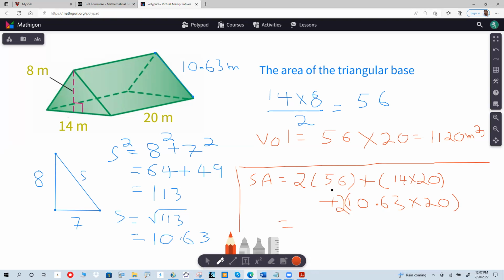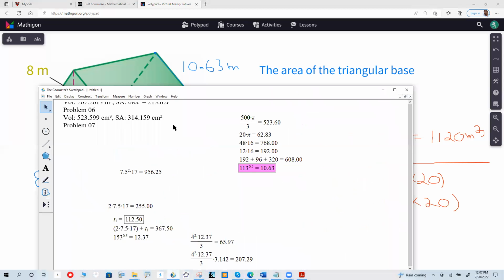And I'll have to carefully add 56 times 2, 112. 14 times 20 is 280. And 10.63 times 20 times 2, I'm going to use my calculator.